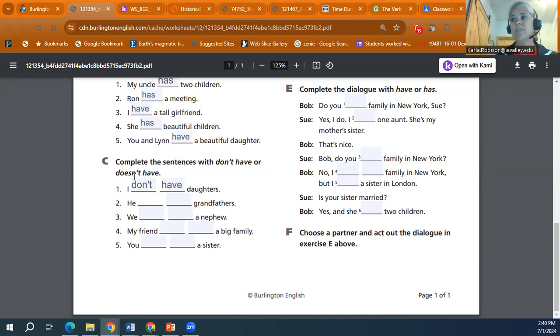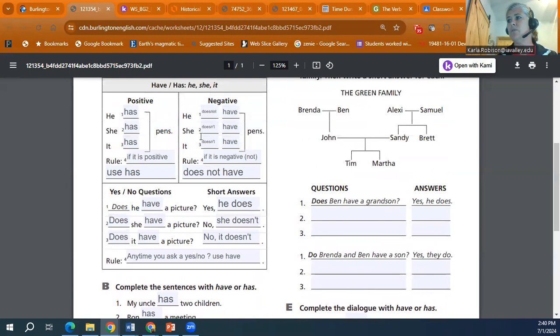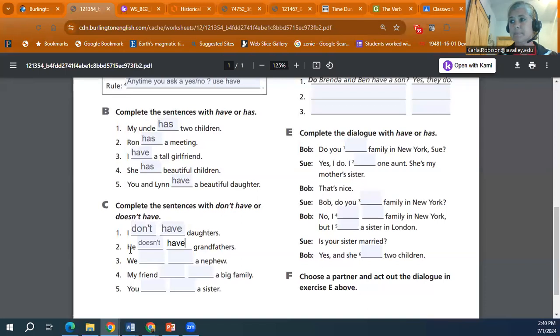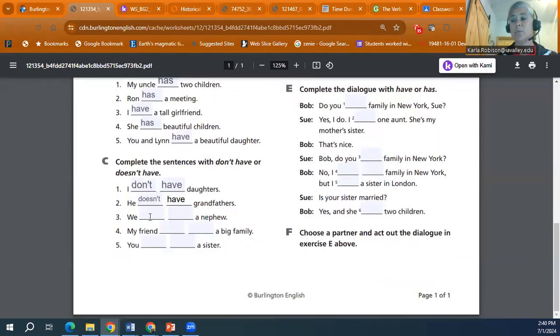But now since it's he or she, you're going to use he doesn't have grandfathers. Again, it has to do with this rule up here. He does not have or he doesn't have. Anytime I use I, you, it's have. Or I don't. You don't.